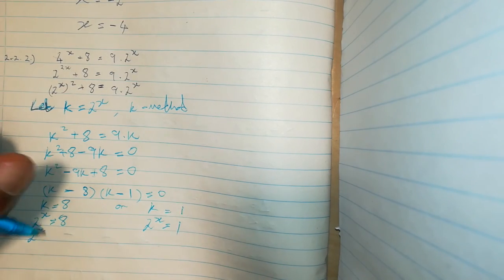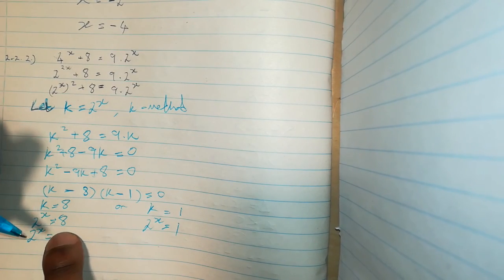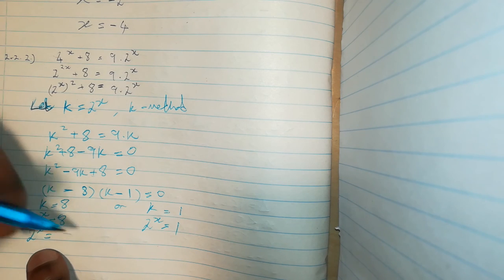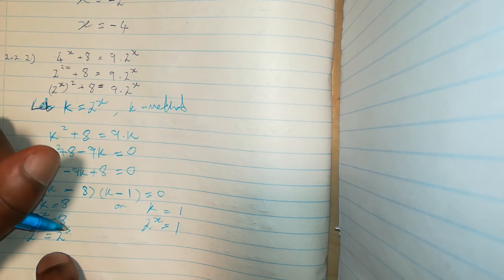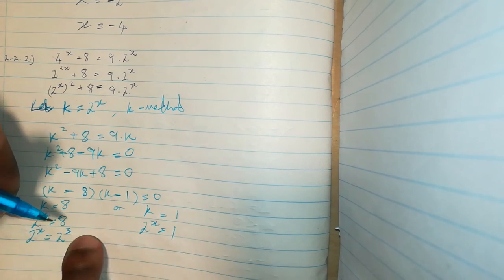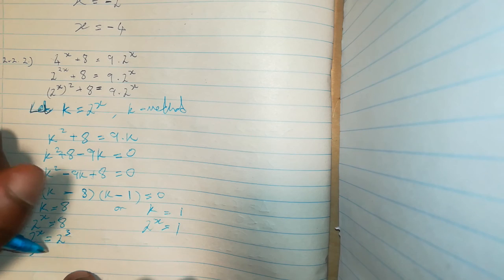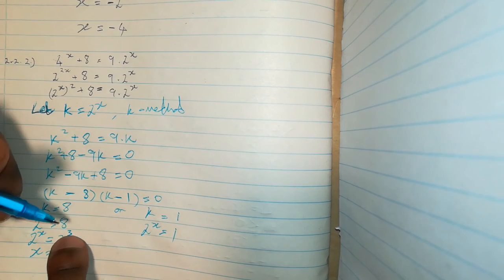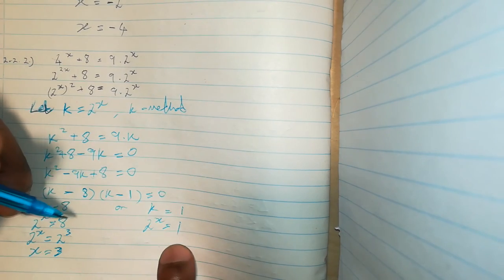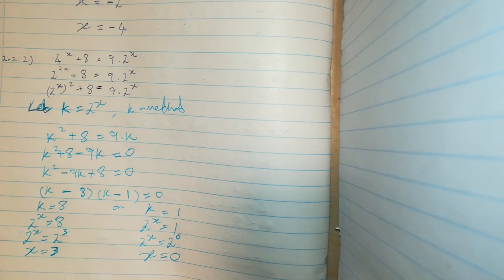You change this 8 to be a power of 2 because in equations, when bases are the same, you can drop the base. That's why we want this to be of base 2. Even on this side, we want this to be in base 2. 2 to the power of 0, we know it's 1. So you just drop the bases and you get 0.